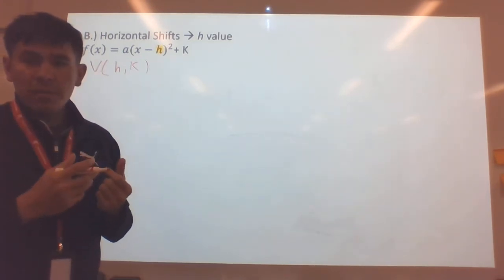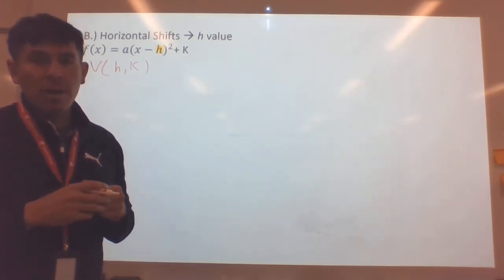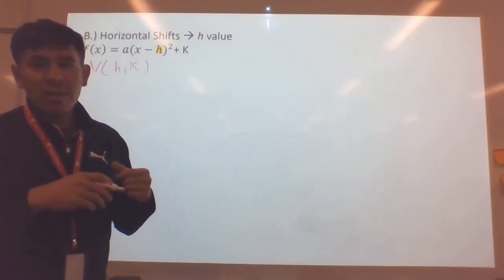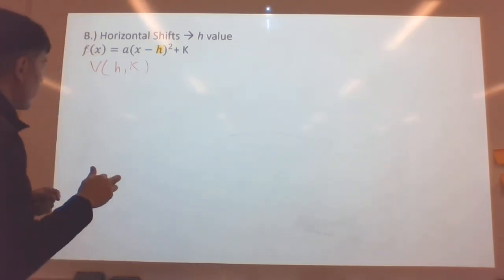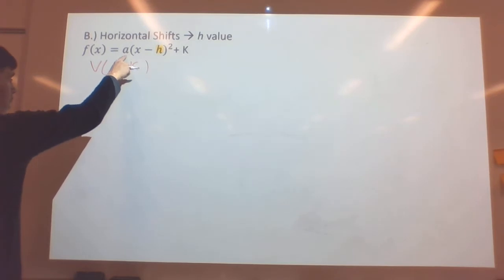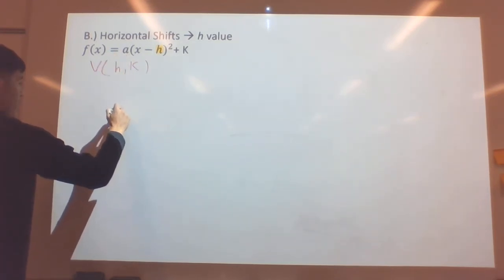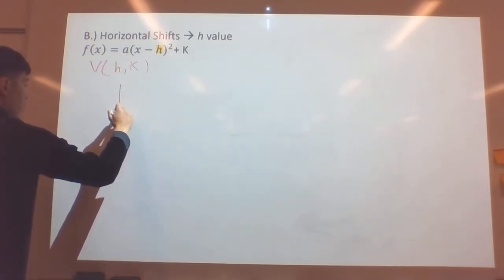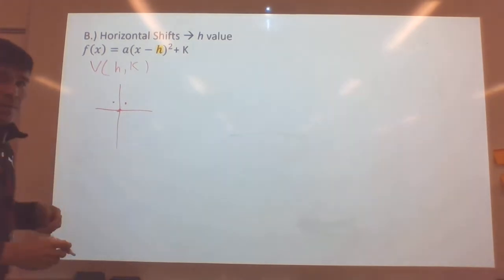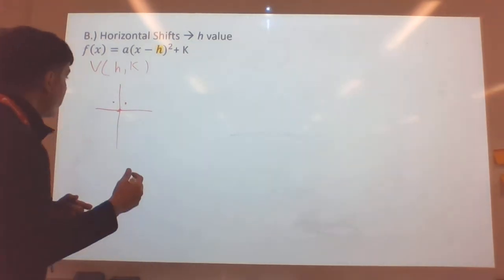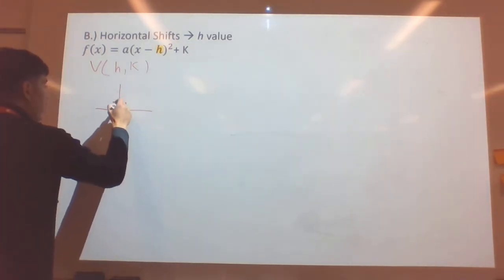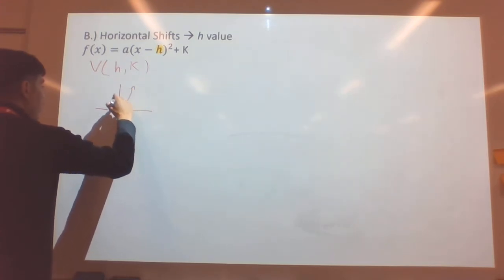If my a value is 3, then we go up 3 over 1. Again, those very first points on each side are going to be whatever my a value is. If my a value is 1, I go up 1 over 1, up 1 over 1. You can do a rough sketch.